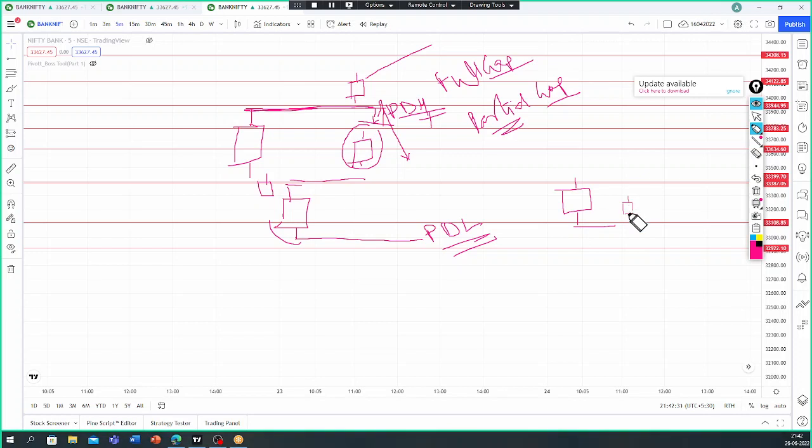I'm just not drawing it here, but it is above PDL. Then it is a partial gap down. But if the opening gap is below PDL, it's a full gap down, right? Now this part is clear, right?